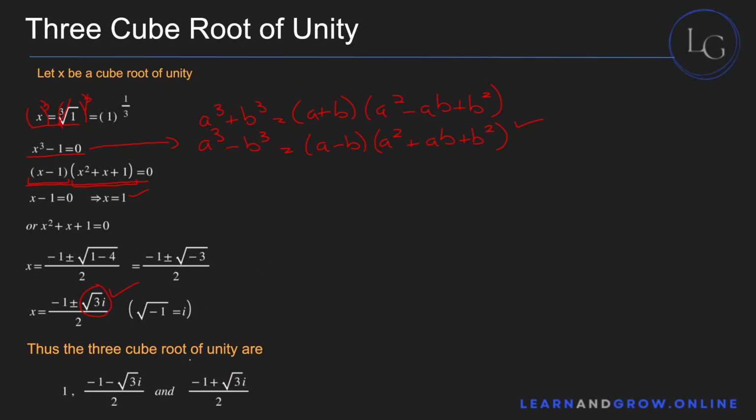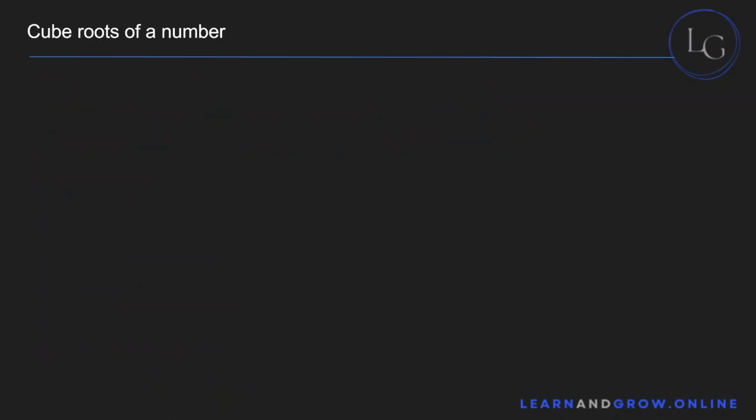So these are the three cube roots of unity. It is called the cube root of unity because we have 1 over here. This is the unity.